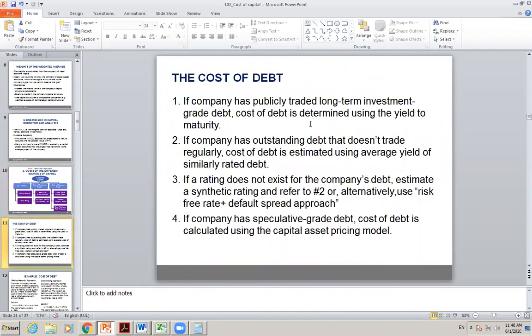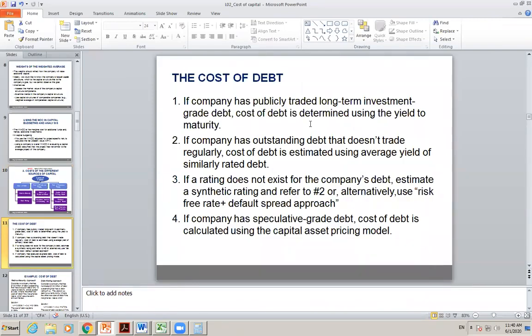If a company has publicly traded long-term investment grade debt, cost of debt is determined using the yield to maturity. If a company has outstanding debt that doesn't have a rating, cost of debt is estimated using the average yield of similar rated debt.